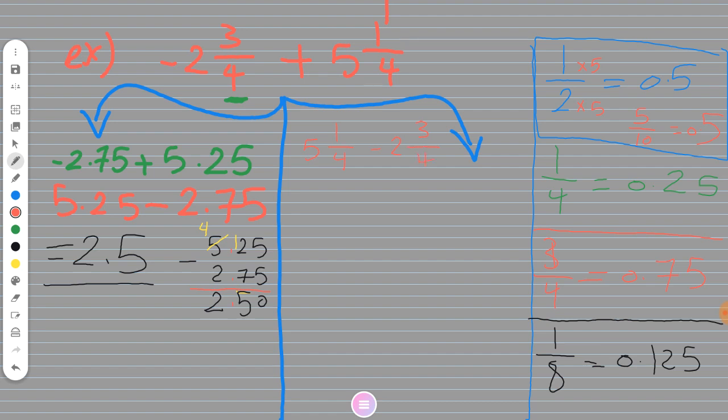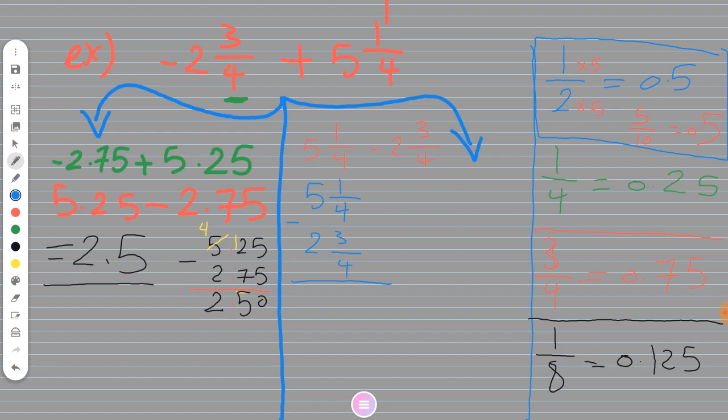I have a special way, actually, I need you to learn it, okay? My special way is, I can put 5 and 1 over 4 minus, in vertical way, we will do it in vertical way, okay? Minus 2 and 3 over 4, and start the subtraction, okay?